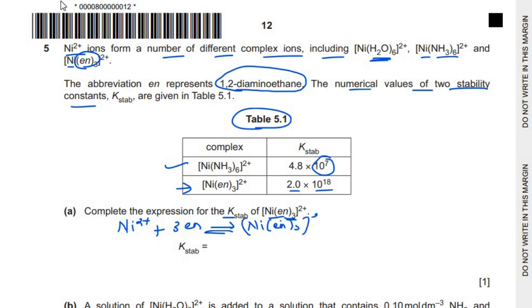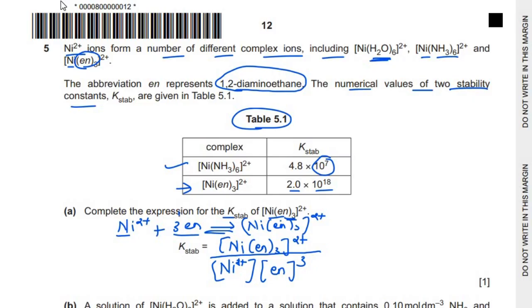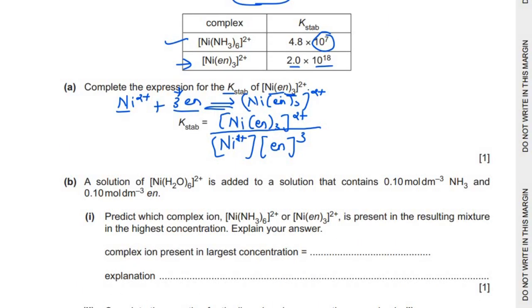And so the stability expression we can write is the concentration of Ni(en)3 to the power 2+ divided by the reactants which are on the left side. So the concentration of nickel 2+ multiplied by the concentration of en to the power of 3, because the stoichiometry of en is 3.